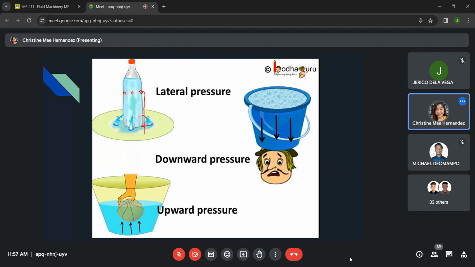Okay, so ganun siya. Pag mas malalim, balita niyo na wala pang nakakarating sa mismong floor ng ating ocean. Kasi yung mga devices natin, yung satellites, kayang mag-contain sa mataas na pressure. Kasi ultimo, for example, yung kanilang submarine, mag-explode yan.